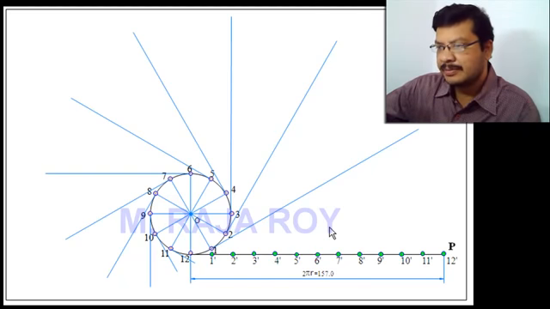Next step is, take P to 1 dash. Now observe this P to 1 dash. This P to 1 dash length as radius, this blinking point 1 as center, draw an arc onto this tangent, something like this.